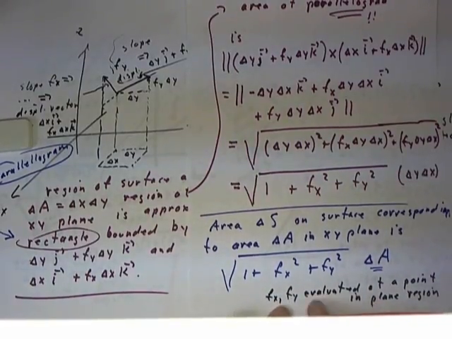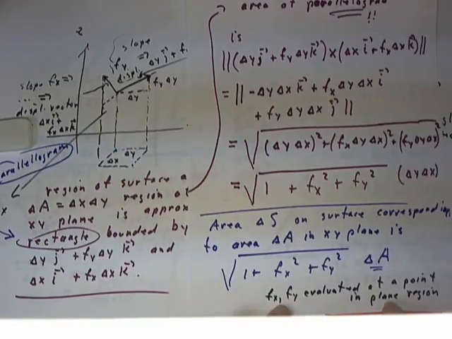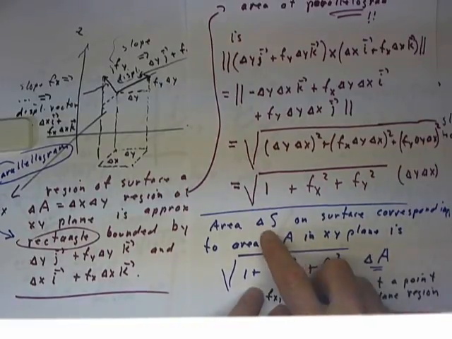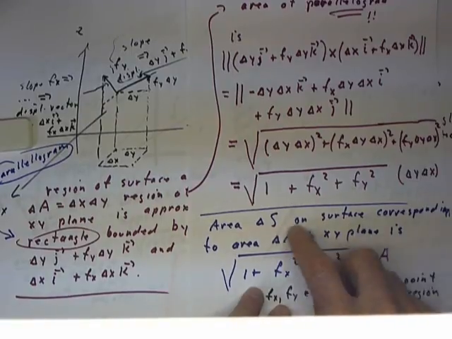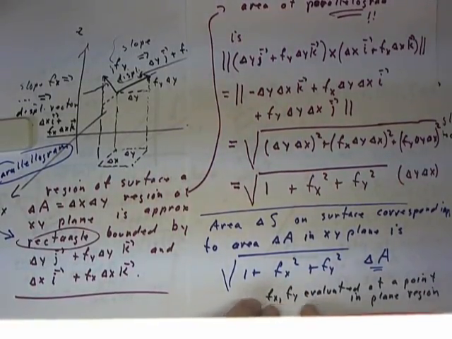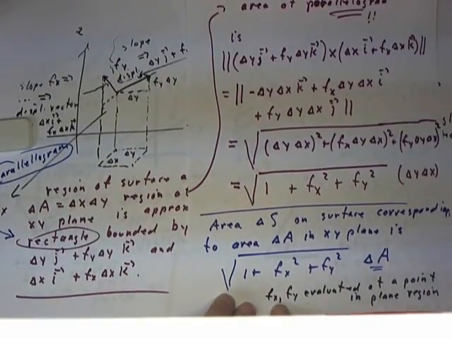It really doesn't matter which intervals we partition, as long as we get a fine partition, and delta A represents the area of, let's say, the ij element of a partition, so that delta S ij would be the surface area corresponding to that plane area of our partition. In that context, we understand that Fx and Fy are going to be evaluated at a sample point in the region defined by our partition.